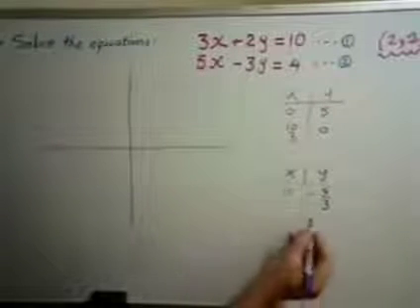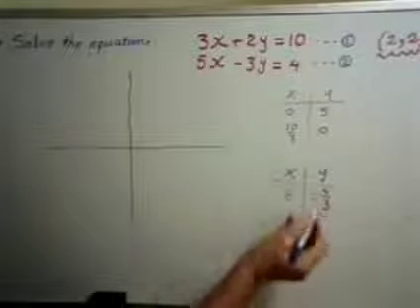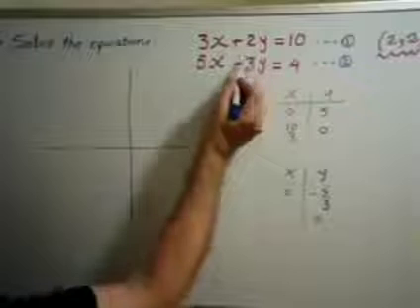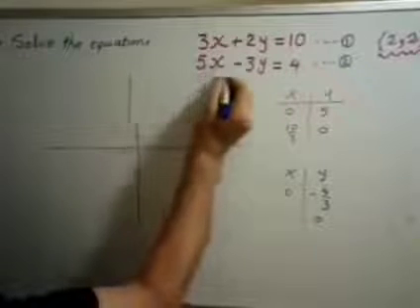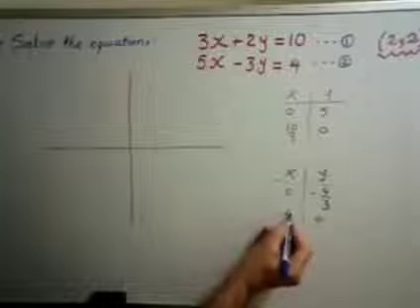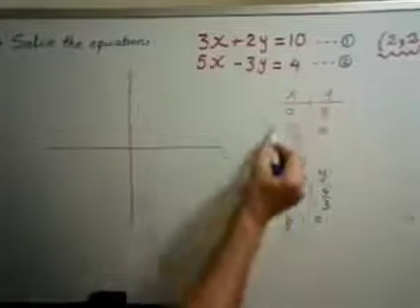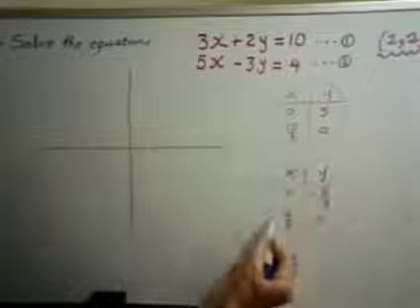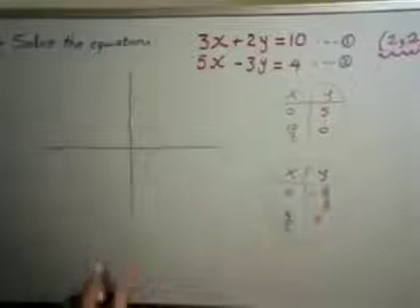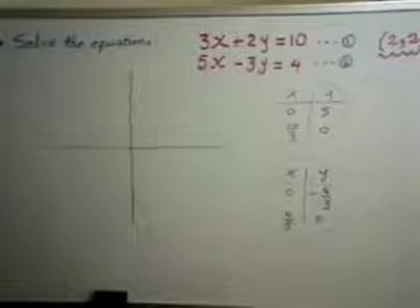And to get the intersection point with the x-axis, let y is 0. So when we put y is 0 here, we got 5x is equal 4. That means x is 4 divided by 5. So as we got 2 points here for the first line and 2 points for the second line, and we draw them, the intersection point between them is the solution for these two equations.